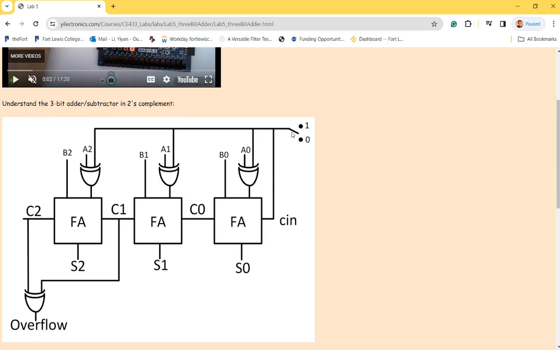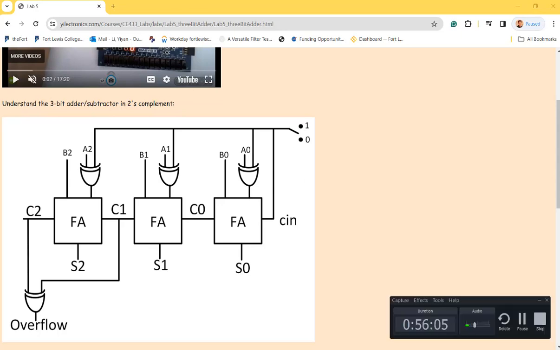Yes, turn it off, because you are putting a 0 to it, and you don't want to flip all the A's, because then you use the original A's. You don't want to add a sign to it. So A's plus B's will be addition, right? If you want to subtract A's from B's, then you have to switch it on, which will flip all the bits in A's, and at the same time add a 1 to the carry in. So that's 2's complement conversion. All right, that's everything I want to cover today.